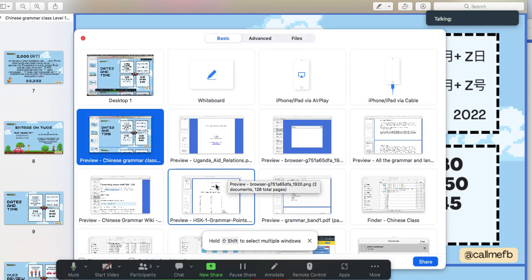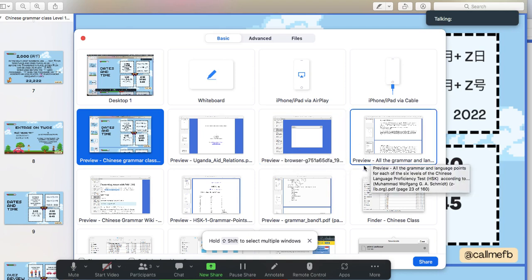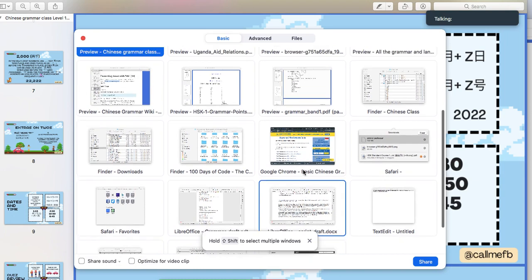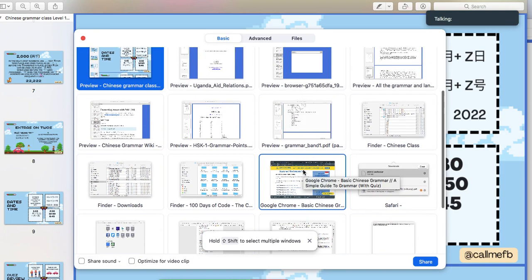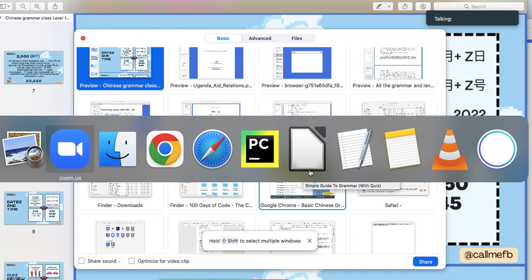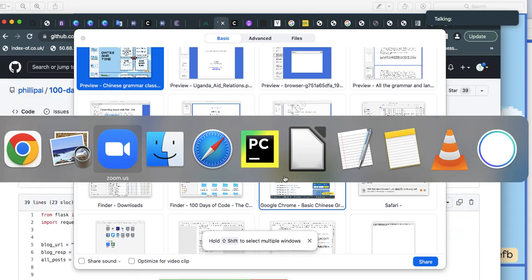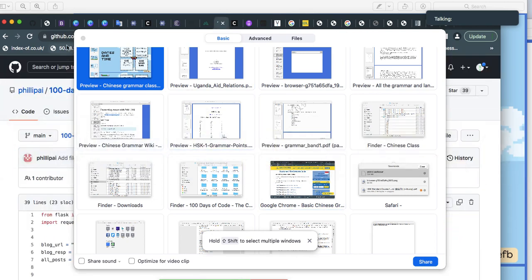Let's see. Where is my? I'm looking for a browser. Just a second. I just want to fire up the browser so we could see. Am I doing the right thing? Okay, I think I am. But it's covered. Sorry.